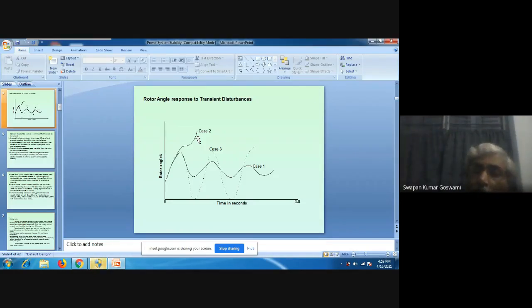Is it clear? Whether the system will be able to maintain synchronism will be obvious from the observation of the first swing, in this case when the system is stable, and also in this case when the system is unstable.